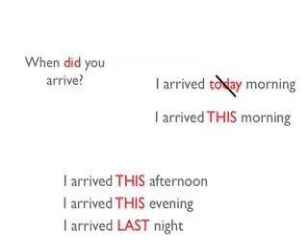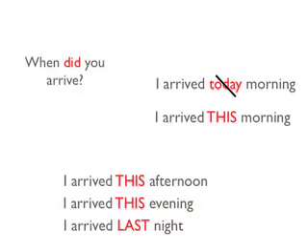Now let's just take another look at this. When did you arrive? Now, if this is the next day, I arrived yesterday morning. I arrived yesterday afternoon. I arrived yesterday evening. Or I arrived last night. So when did you arrive?